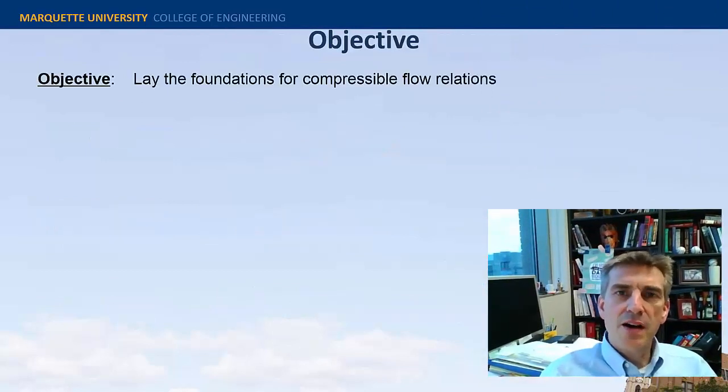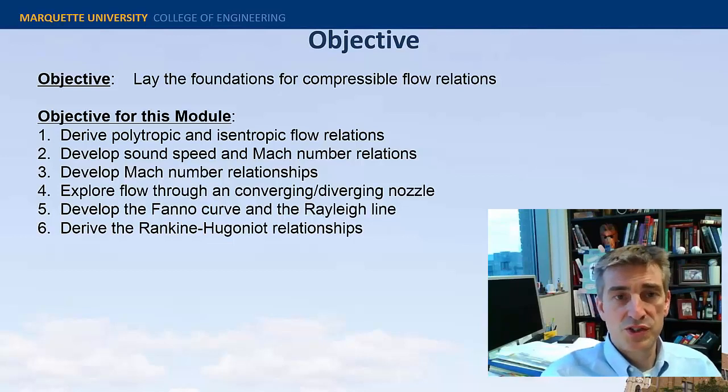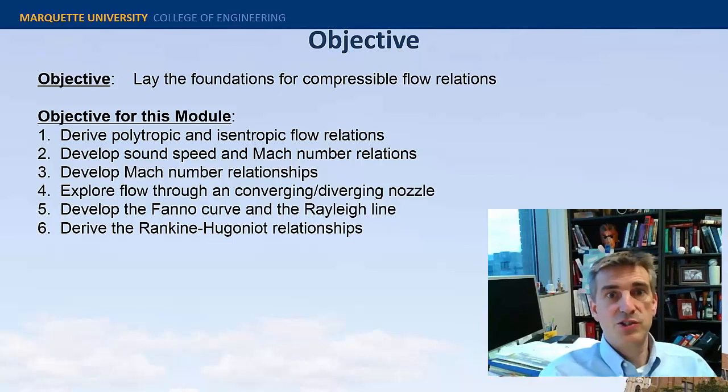So the objective of this series of lectures lays out the foundation for compressible flow relations. Over the next couple of lectures, we're going to derive the polytropic isentropic flow relations and develop a relationship for the sound speed of gases, and the Mach number relationship and what it means.